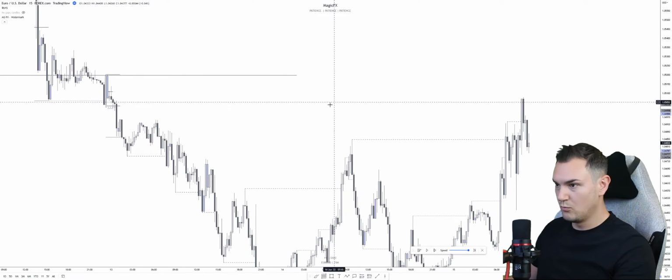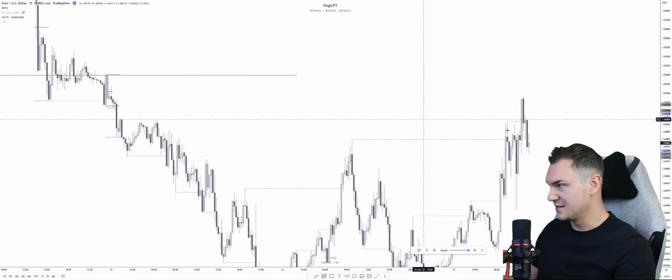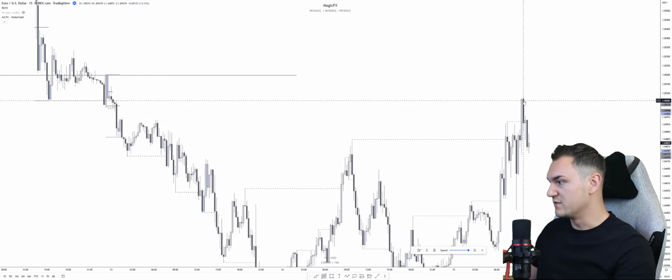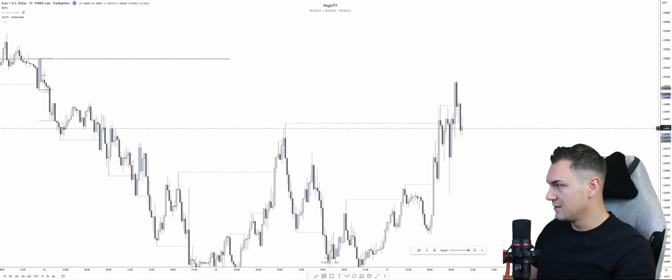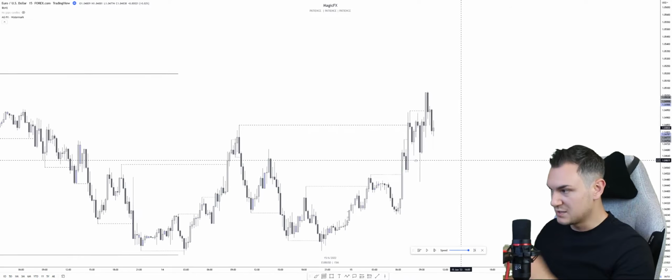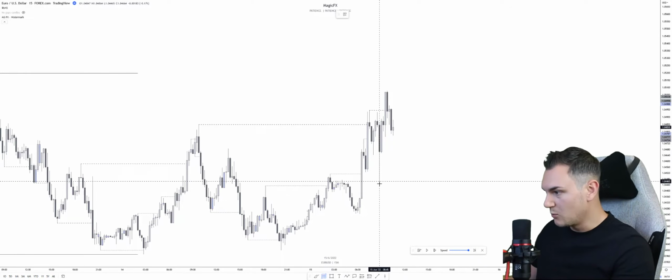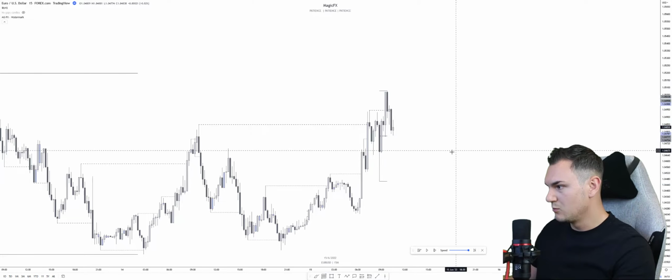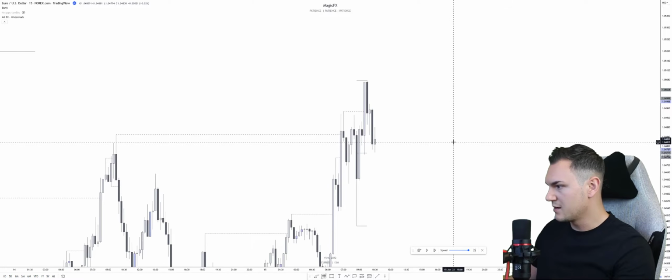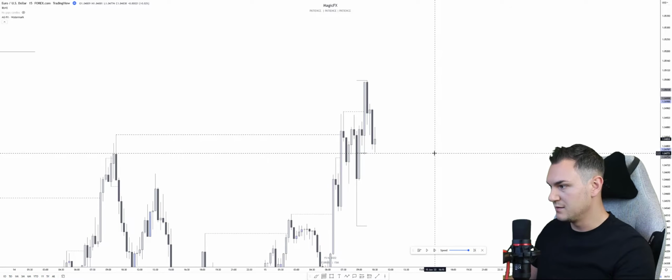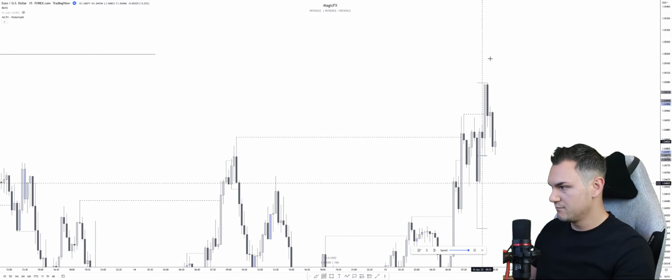So we've tapped into a 15-minute unmitigated premium. We've cemented a 15-minute high. What do we expect now? Well, really, we would expect a pullback to the discount of the 15-minute current range.